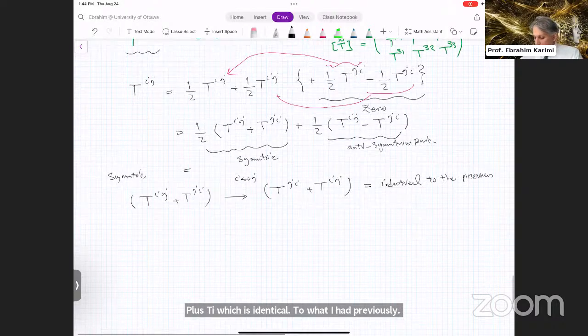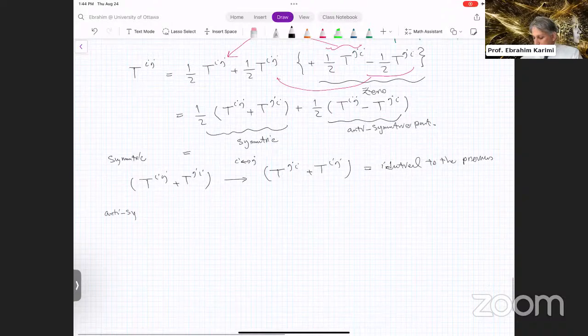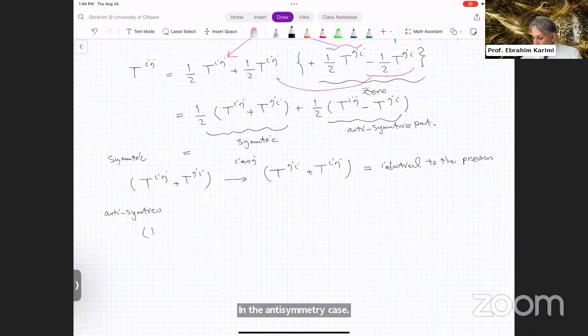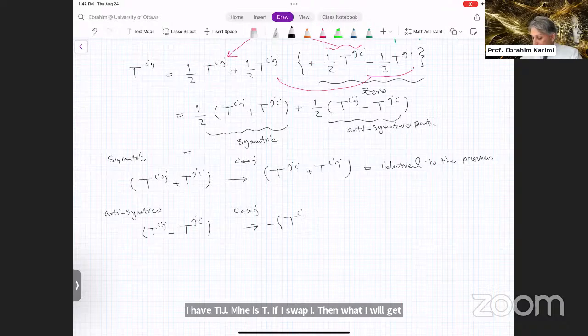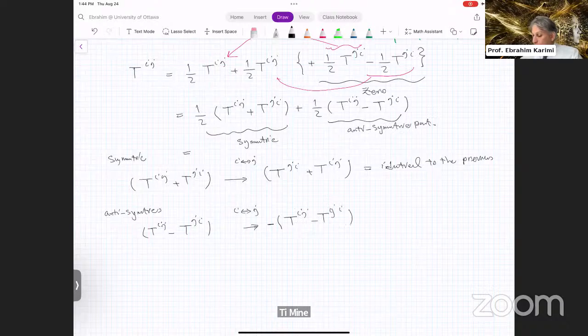In the antisymmetric case, I have Tij minus Tji. If I swap i and j, then what I get is minus Tij minus Tji, which is the negative of the original case.